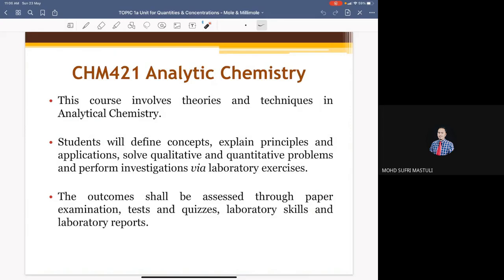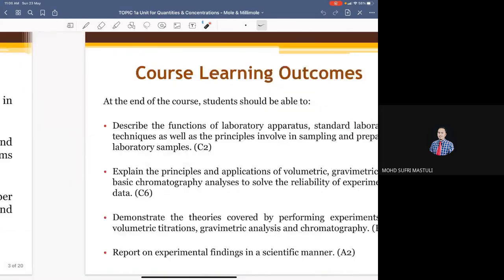As I explained in the previous video, this subject will involve theories and techniques in analytical chemistry. You, as a student, will define the concept, explain the principles and applications, solve qualitative and quantitative problems, and perform experiments in the laboratory. You also will be assessed through paper examinations, tests and quizzes, laboratory skills, and laboratory reports.